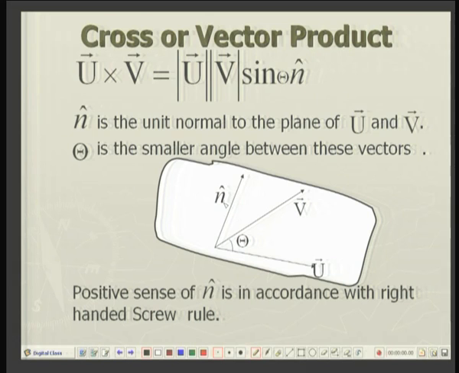Now, the positive direction of n is obtained by the right hand screw system, as we did for the coordinate axis, you may recall. So, if I rotate the screw in the direction from u to v, that is in the anticlockwise direction, then the right handed screw will move in the positive direction of n. So, this is how you can obtain the positive sense of the unit vector n.